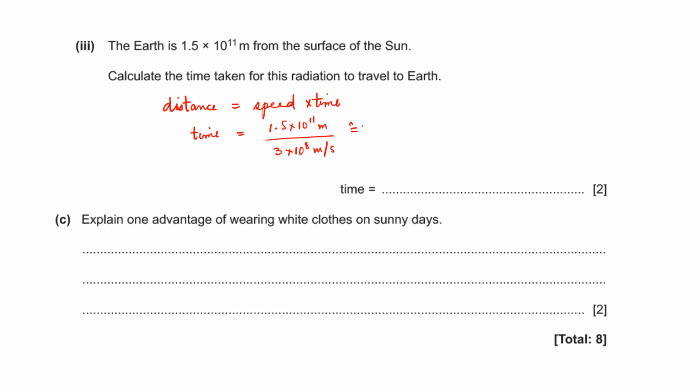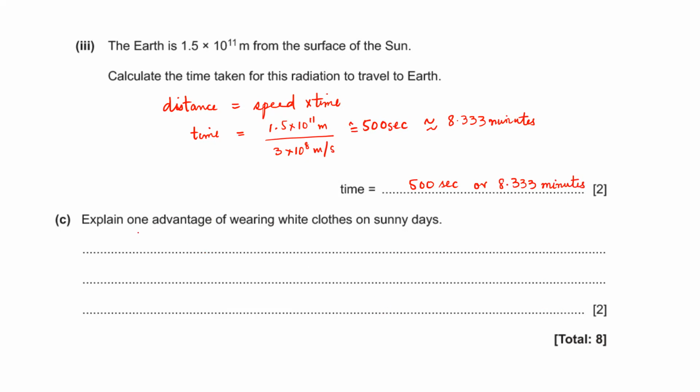So this comes out to be 500 seconds, and this is approximately 8.333 minutes. So the time taken by this radiation to travel to Earth will be equal to 500 seconds, or 8.333 minutes, right?